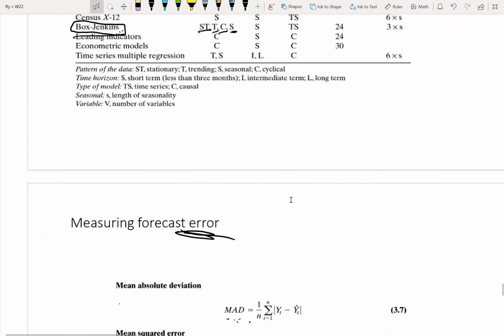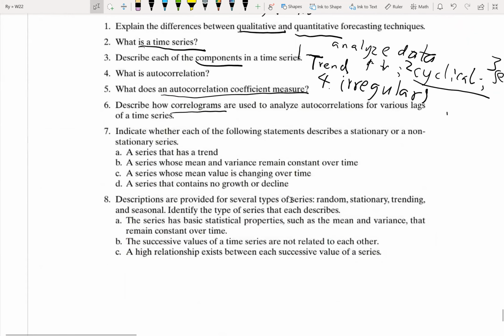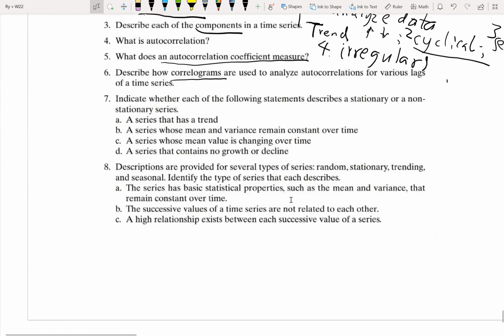So go back to question 7. Indicate whether each of the following statements describes stationary or non-stationary data. So we know stationary data is data that stays stable around the horizontal line.